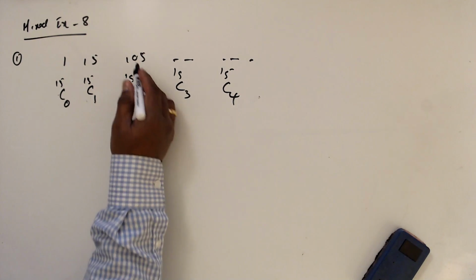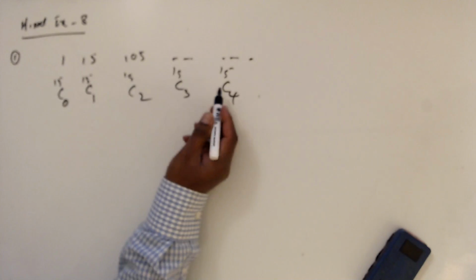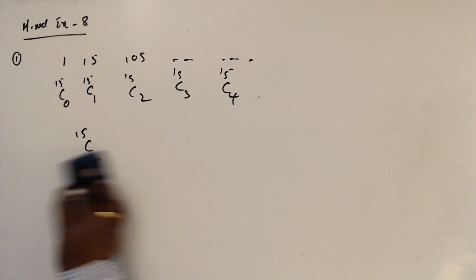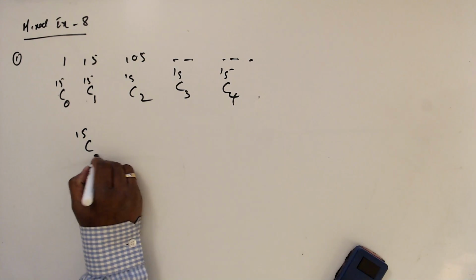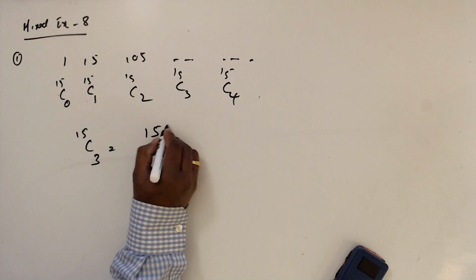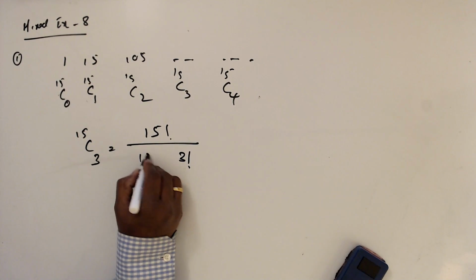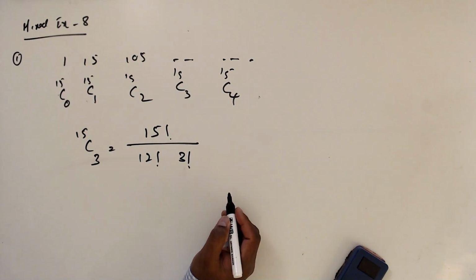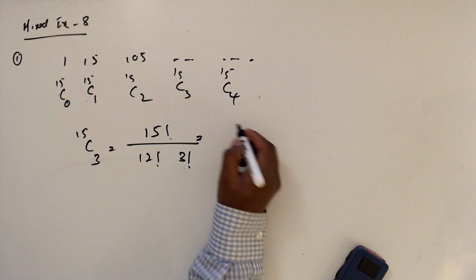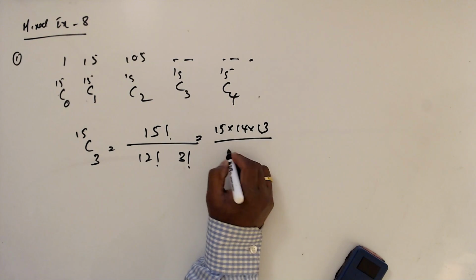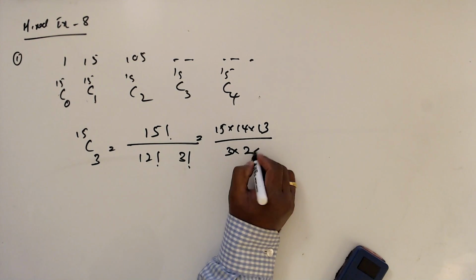Now, we want to find 15C3 and 15C4. 15C3 is factorial 15 over factorial 3 and factorial of the difference, 15 minus 3 is 12. So 15 times 14 times 13 divided by 3 times 2 times 1.